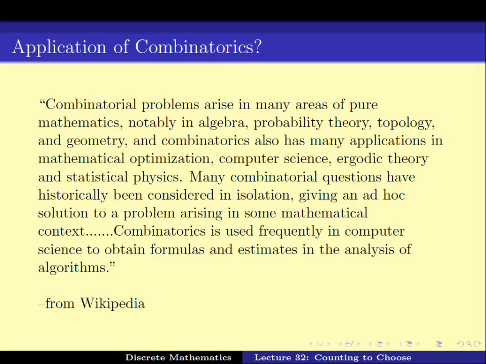Many combinatorial questions have historically been considered in isolation, given an ad hoc solution to a problem arising in some mathematical context. Combinatorics is used frequently in computer science to obtain formulas and estimates in the analysis of algorithms.